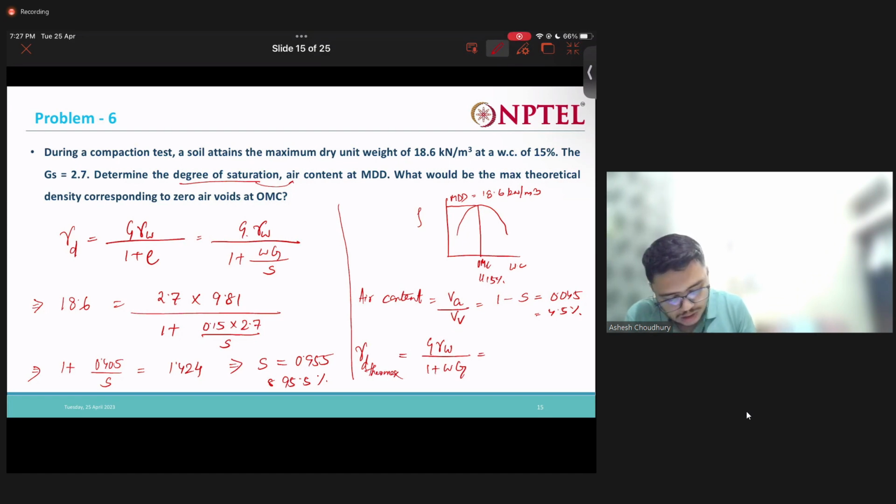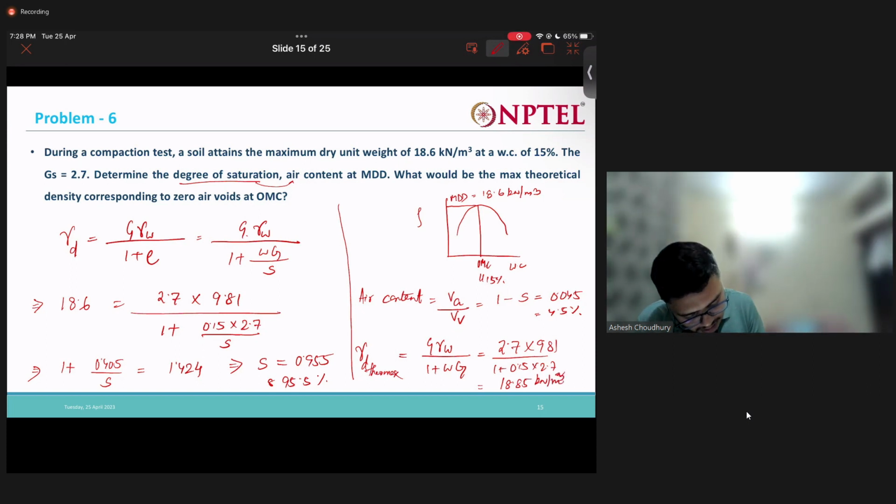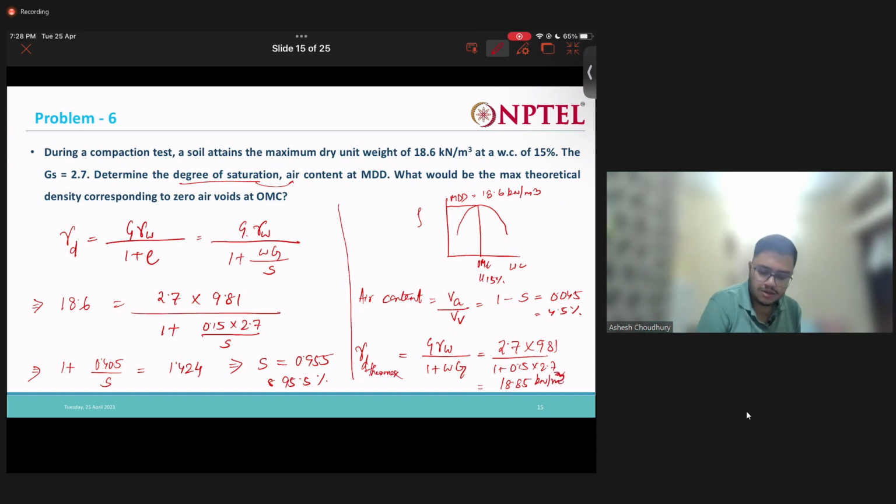How much will this be? 2.7 into 9.81. Please check how much it's coming. Okay, 18.8 kilonewton per meter cube.